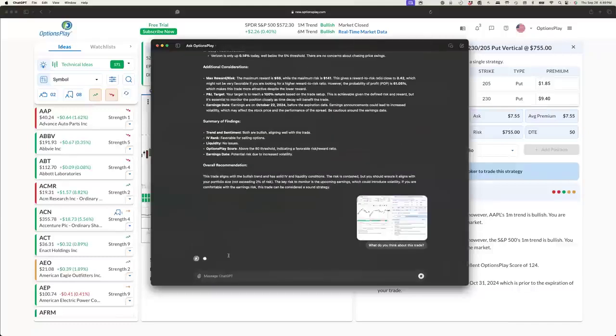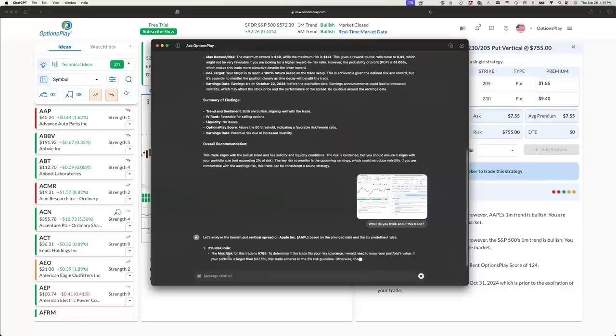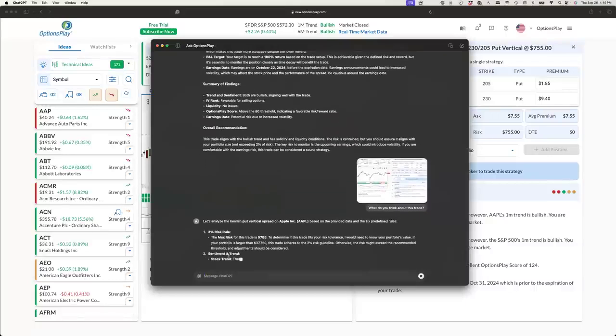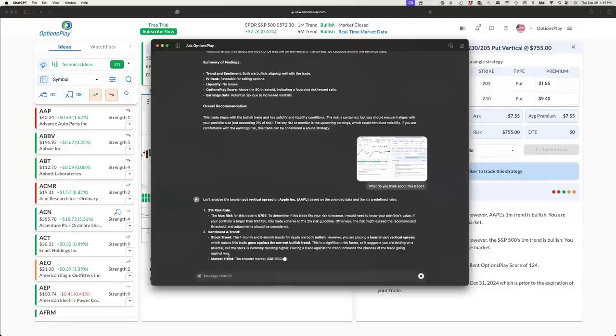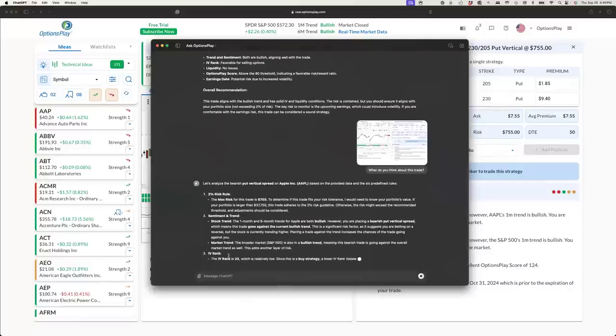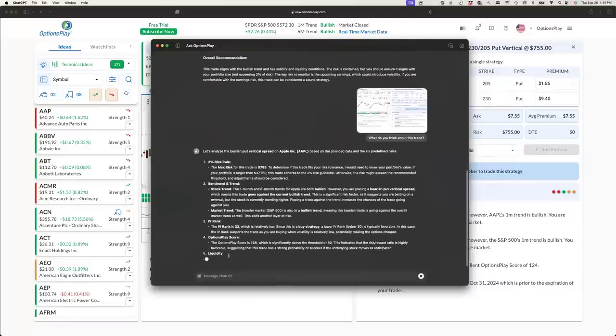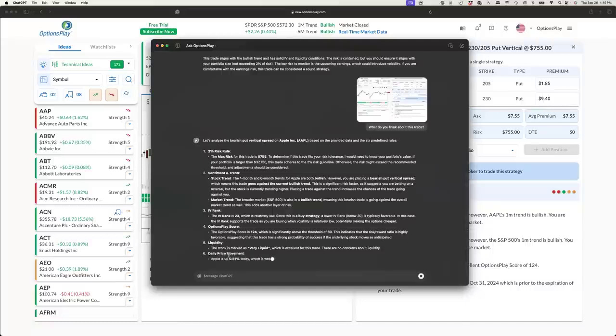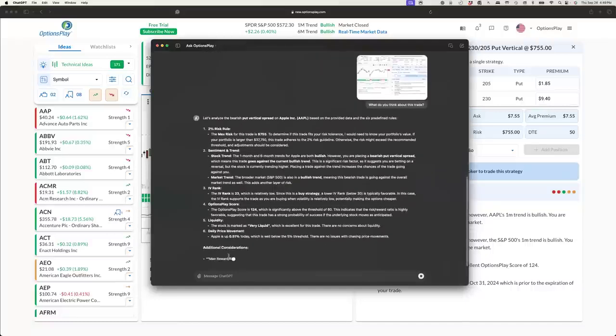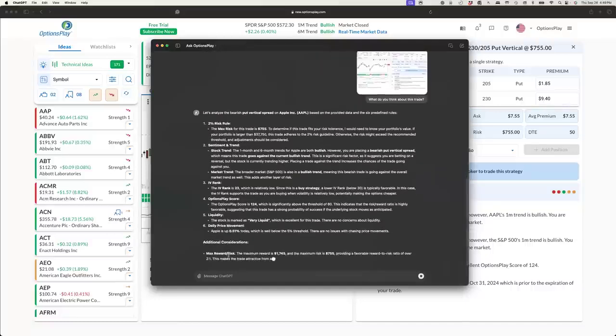And it'll now look at this trade against those same 6 rules again and give you a summary of that overall trade. So like I said, you don't have to code any of this anymore. You can just simply take a screenshot of any trade you're looking at in OptionsPlay, and it's going to look at these rules to help you make that trading decision.